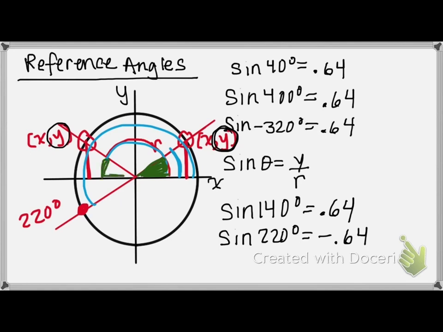And then look over here, this is the reference angle for the 140-degree angle. And this here is the reference angle for the 220-degree angle. And they all have a reference angle of 40 degrees, because this is how we define reference angle.